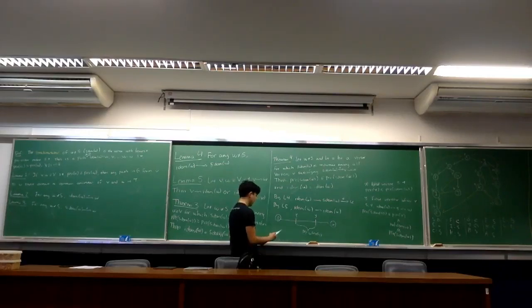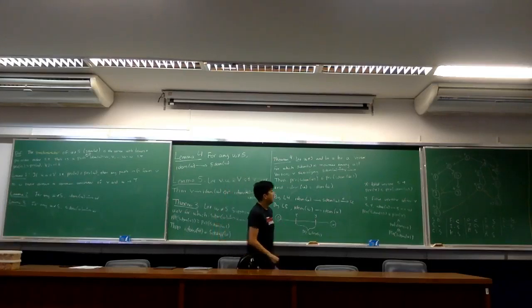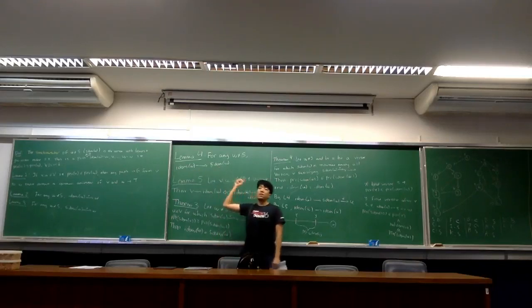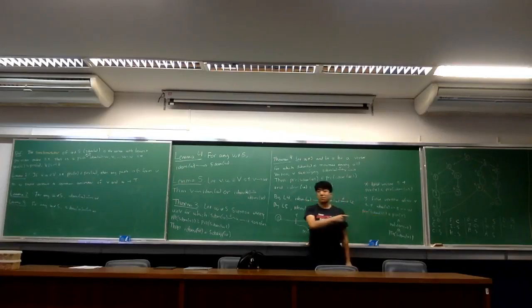Why does the less-than-or-equal hold? Because we know that the item of W is an ancestor of the atom of W, so in the DFS tree you will reach the item first. So the preorder has to be less than or equal to the preorder of the atom of W.